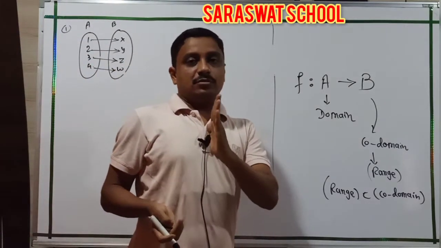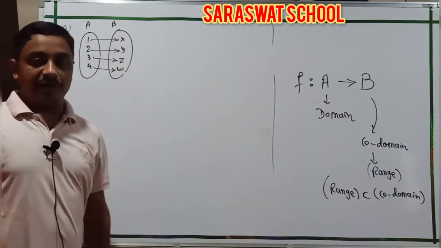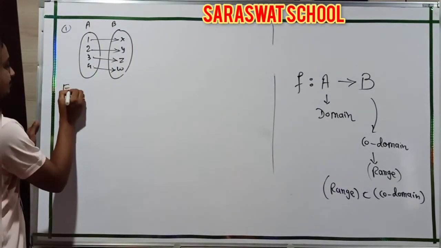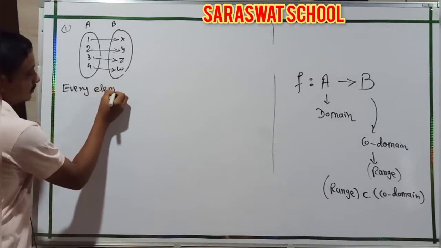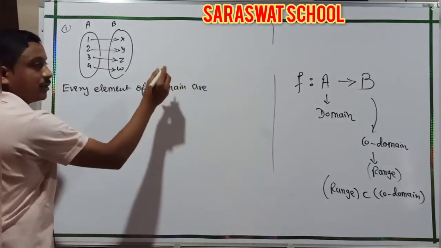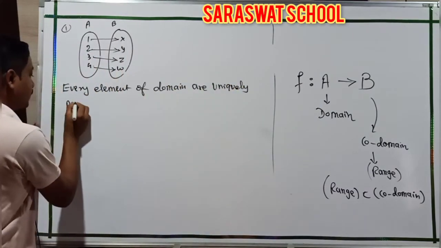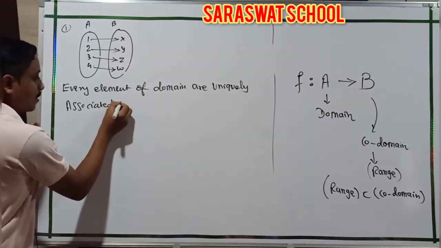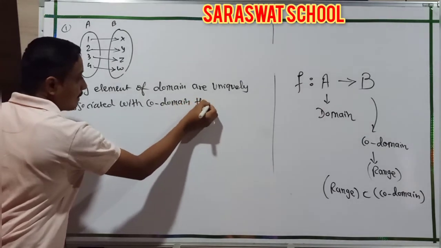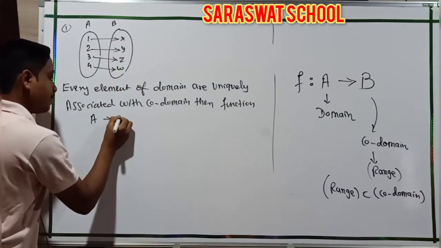Every member of this domain is uniquely associated with the codomain, then a function is defined. Again repeat, every element of domain is uniquely associated with the codomain, then function A to B is defined.